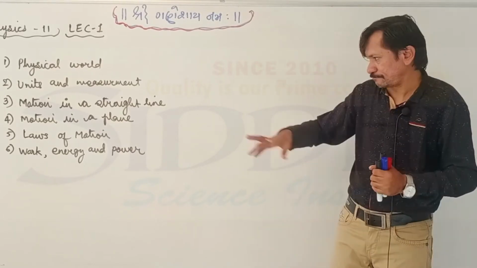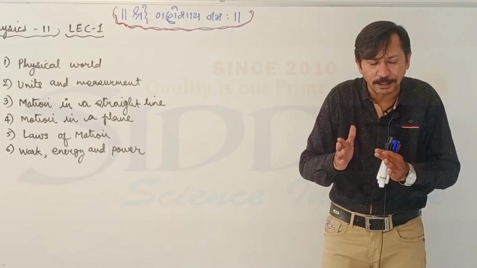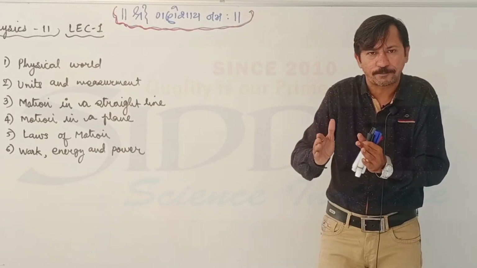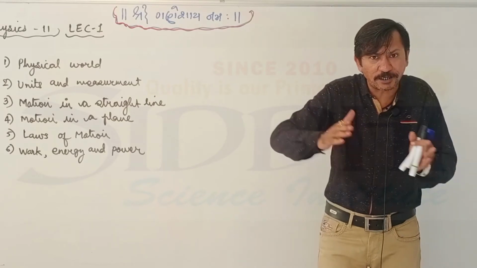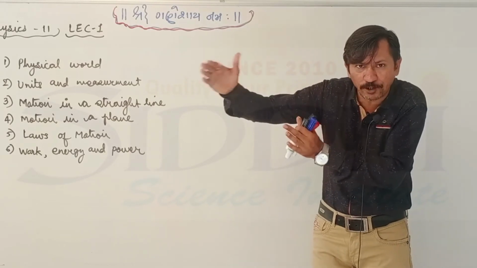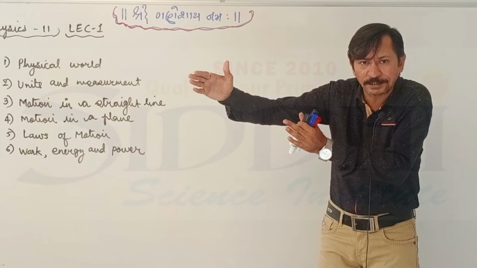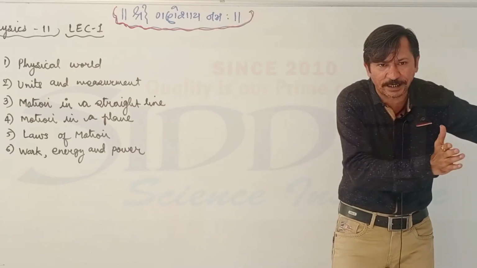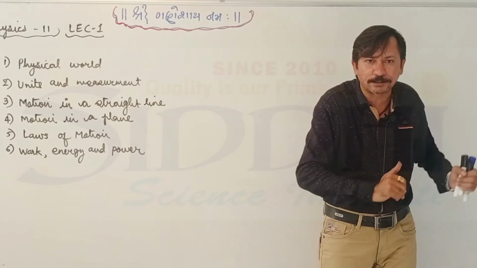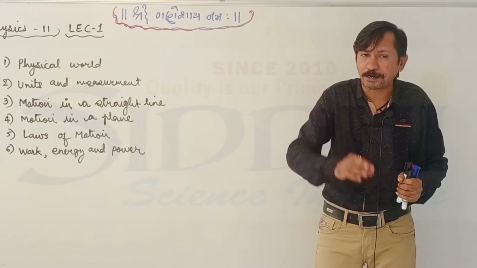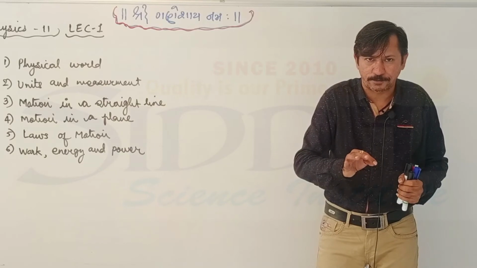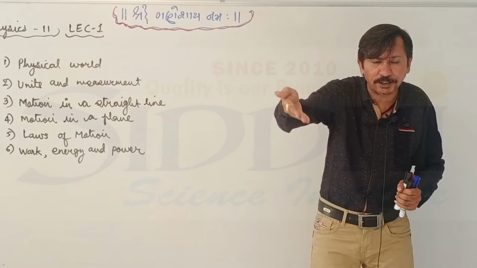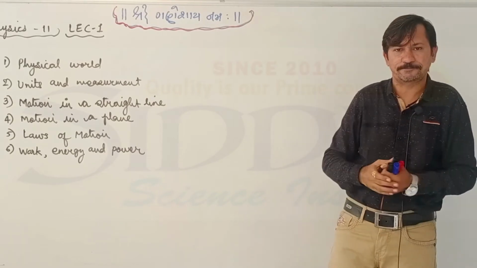When a given work or the task is done in a short time, then power is more. If the work is done slowly, it takes more time, then the power is less. It means power is nothing but the speed of transfer of energy, speed of work to be done. Power is rate of transfer of energy. Power is defined as the ratio of energy to time.